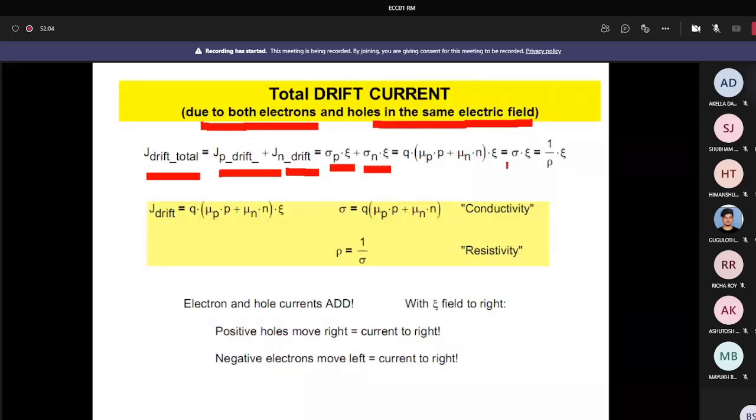This is your final sigma E where both carriers are present. In the generalized formula for J drift we get the conductivity terms, and the resistivity of the semiconductor is rho equal to 1 by sigma.